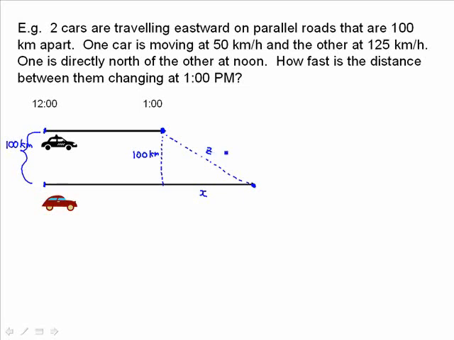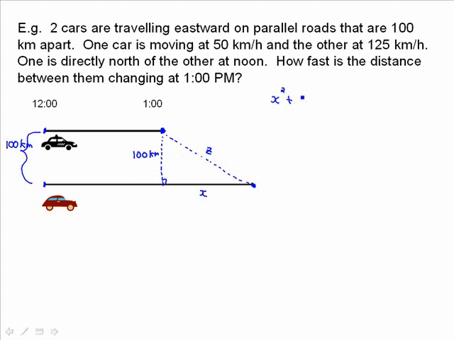So we have another right triangle, which allows us to solve this by x squared plus y squared is equal to z squared, the Pythagorean theorem. Moreover, because this y value, the vertical distance 100, is always a constant, it goes right into the equation.